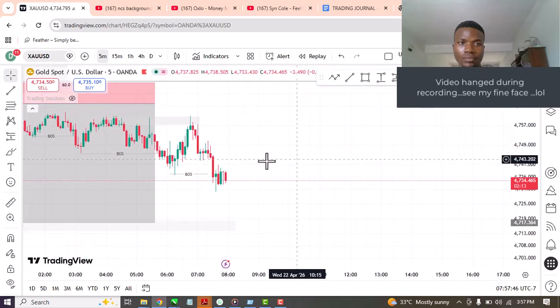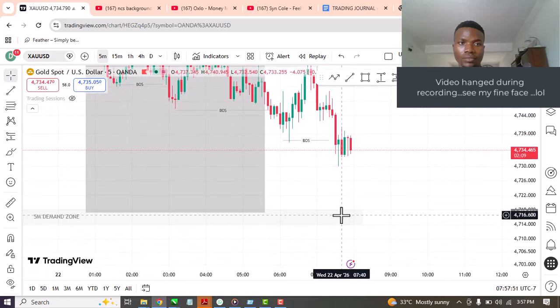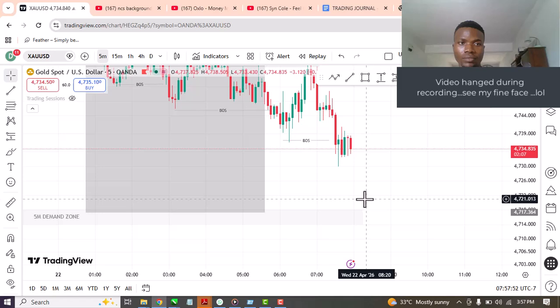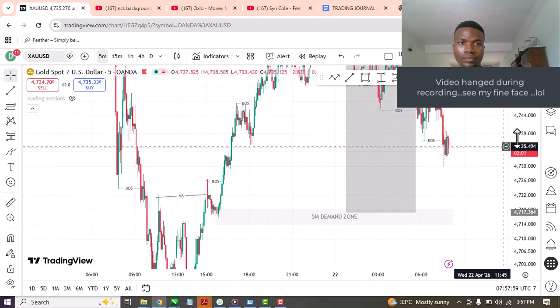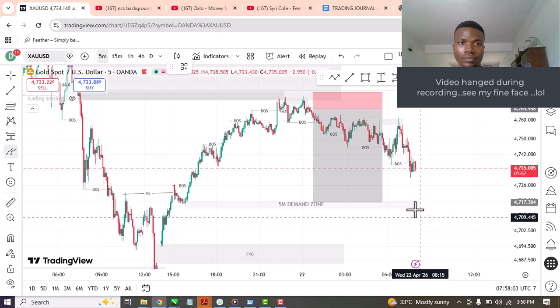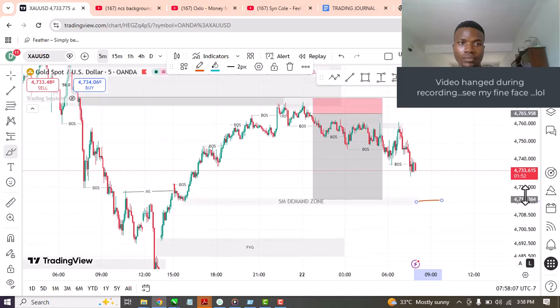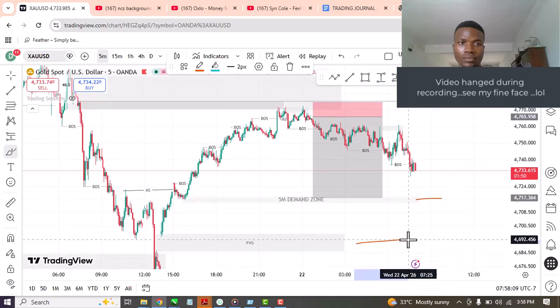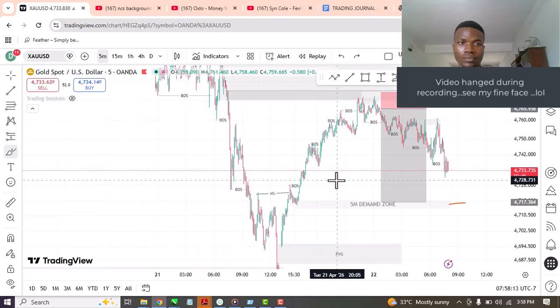If price is breaking structure to the downside, it simply means there is a high probability that price will keep pushing to the downside, below this zone, probably to this zone or somewhere around these fair value gaps. This is where I'm going to look for my buy setup.